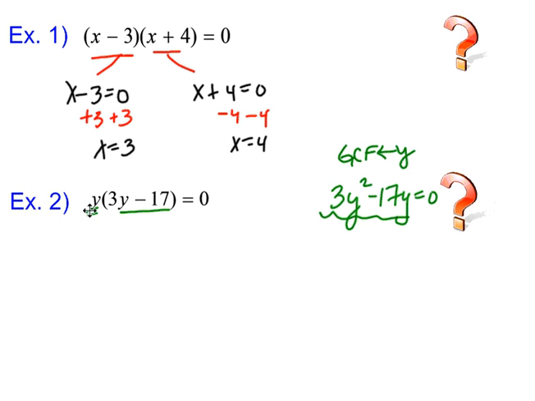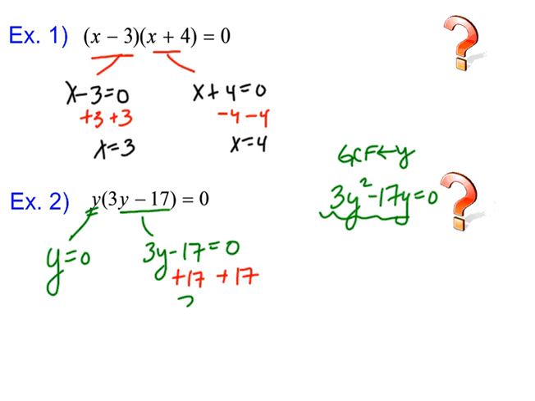Take the factors, set them equal to 0. So y equals 0, and here 3y minus 17 equals 0. We solve for the second one because the first one's already done for us. We have 3y equals 17. Divide both sides by 3, and we get a fraction of 17/3.